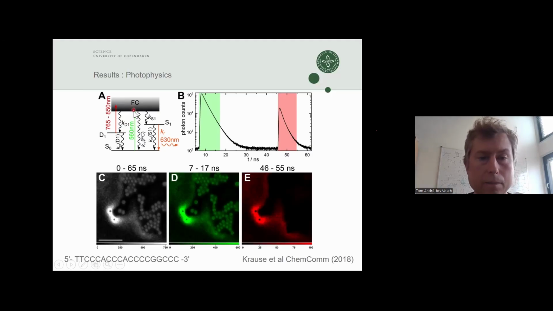Then a fraction of these clusters will go into the emissive state and will fluoresce at, in this case, 630 nanometers. But a small fraction can also end up in a microsecond-lived dark state. And then, by waiting, in this particular case, 40 nanoseconds, we can come with a second laser and bring it back from the dark state into the emissive state.